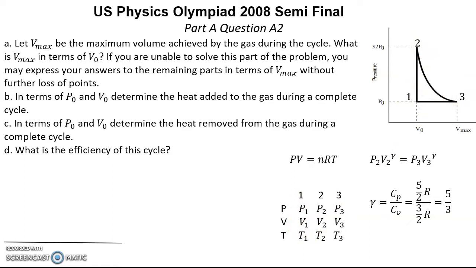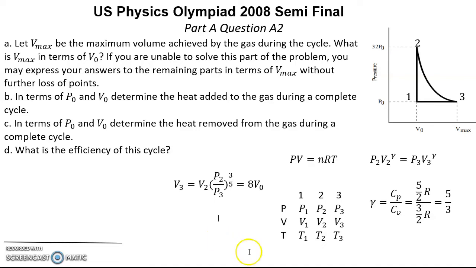So for the first question, we have the process from 2 to 3, an adiabatic process. We use this formula, and from here, when we use numbers for gamma, P2, V2 and P3, we can find V3.